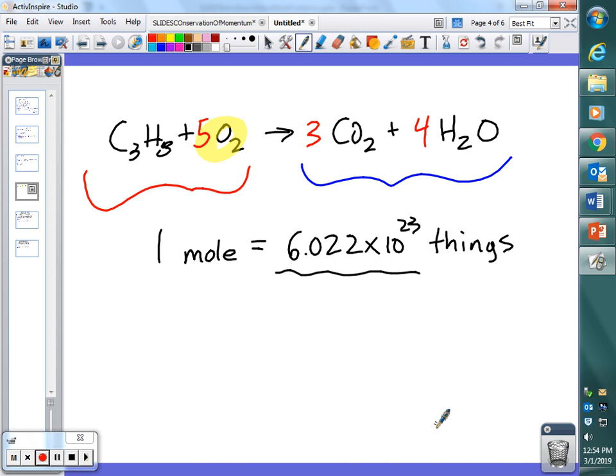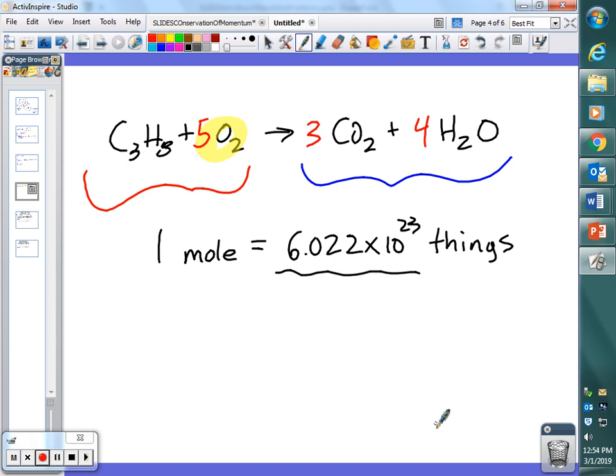So if we know that we have 1 mole of propane molecules, how much oxygen would we need? How many times 6.022 times 10 to the 23? 5 times that many.